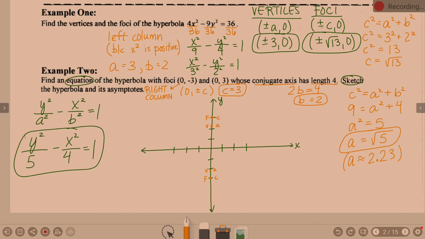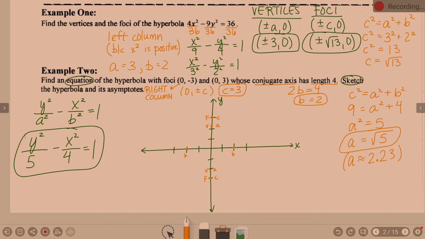It's not that you're technically putting points here, but B is 2. I tend to put a point here for lack of what else do I do. But this is just going to help me draw asymptotes. So put some kind of point or mark 2 each way, and we're doing 2 because those are my B values.